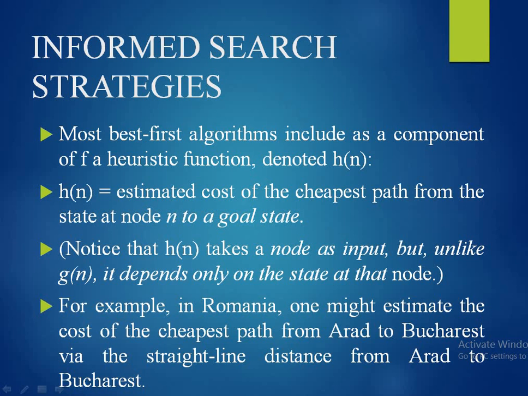Notice here that h(n) takes a node as input, but unlike g(n), it depends only on the state at that node. For example, in Romania, one might estimate the cost of the cheapest path from Arad to Bucharest via the straight line distance from Arad to Bucharest.